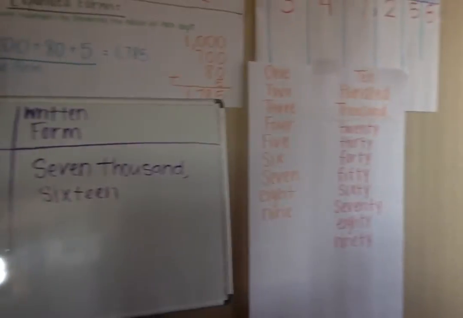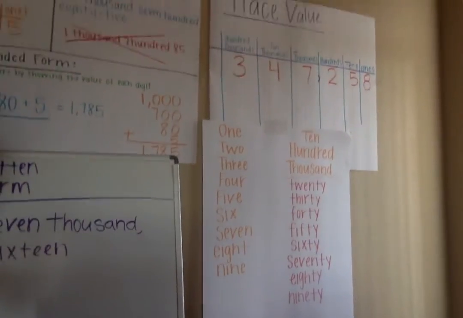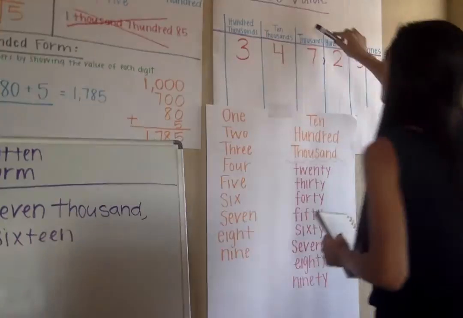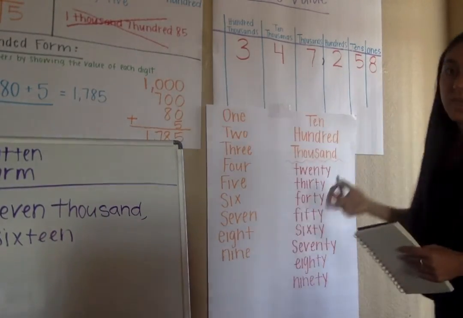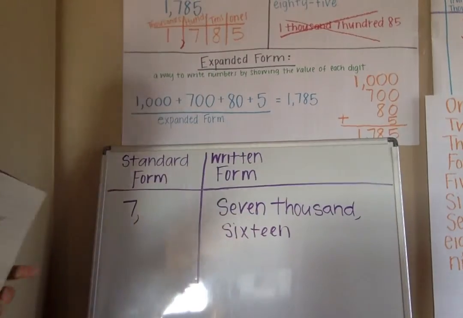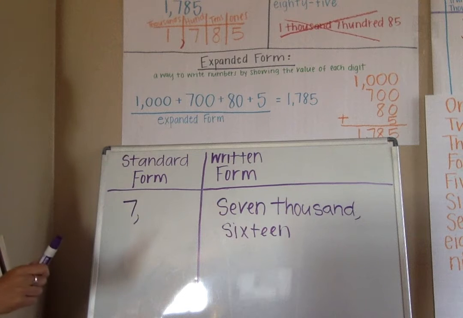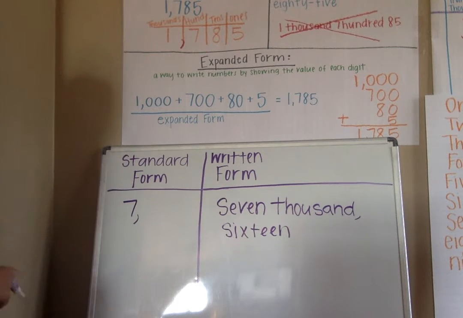Again, if I'm looking at my place value chart, you know that the thousands place is here. 3 more columns come after that, or again, 3 more numbers. So when I come back over here, 7,016.